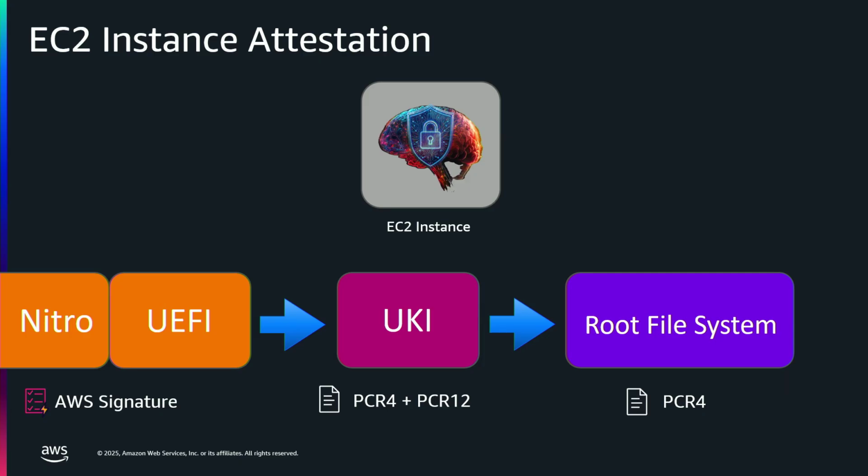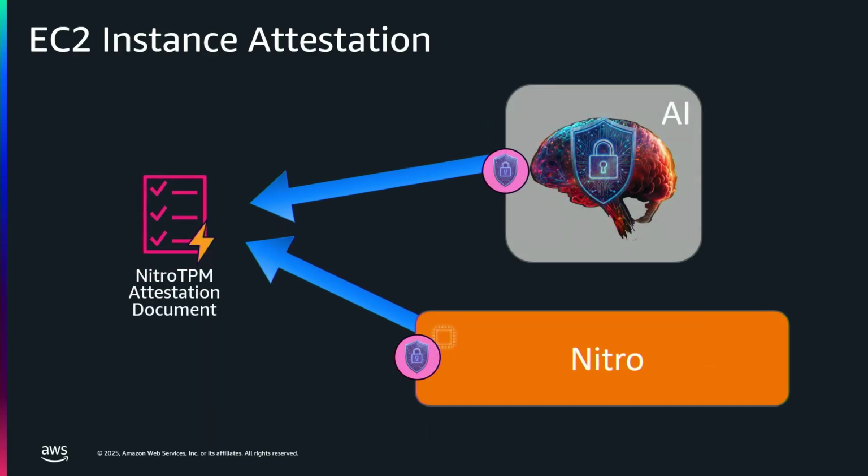Thanks to the Nitro TPM attestation document, you can also reason about the fact that you are running on a Nitro stack because the document is signed with an AWS key that only Nitro environments have access to. So by looking at basically these two numbers plus an AWS signature in the document, you can reason about the two dimensions I was explaining earlier.